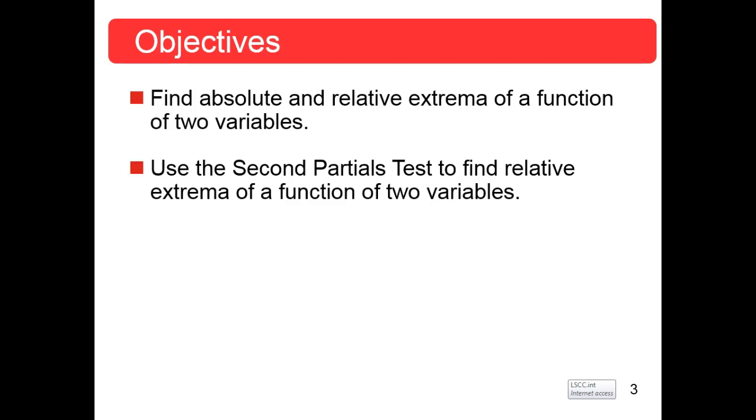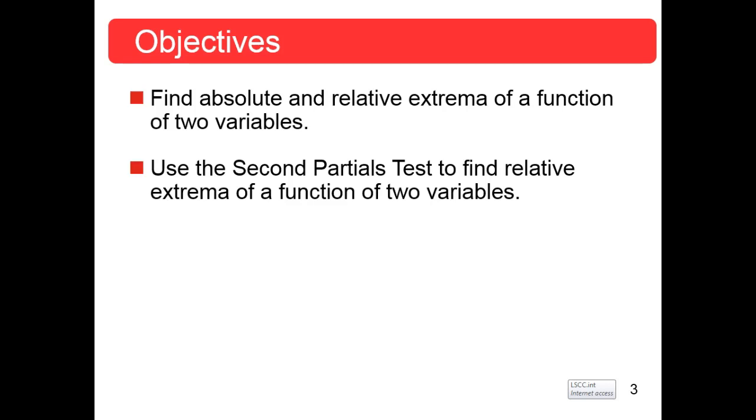Now this thing is a three-dimensional thing. Two variables down here, third dimension is going to be your dependent variable. Find the absolute and relative extrema of a function of two variables, like we did with single variable calculus.